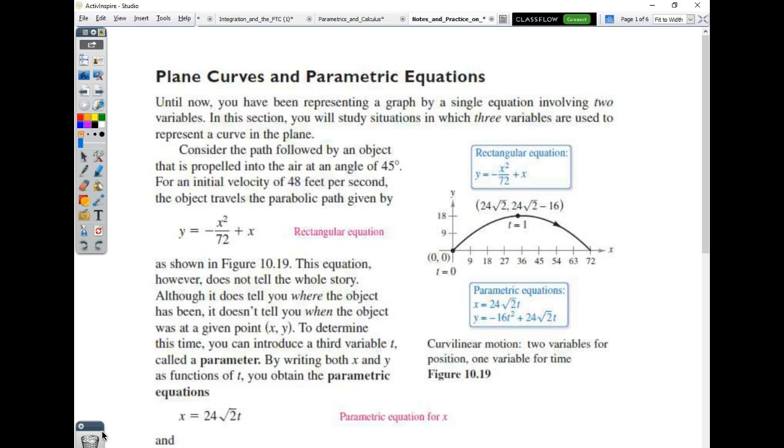So, real quick review on what parametrics are. Essentially, it's taking a function, and it doesn't necessarily have to be a function that we can do as a y equals x function.